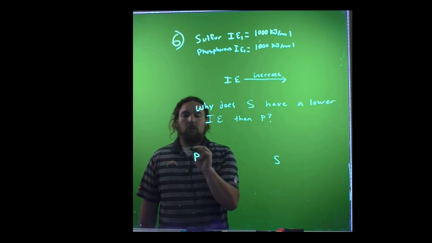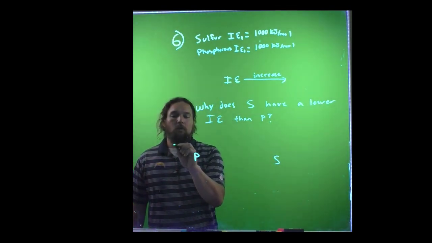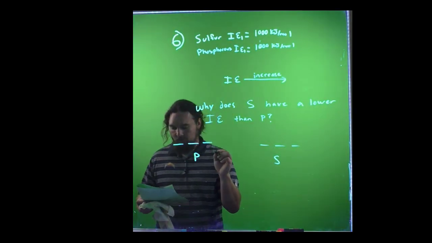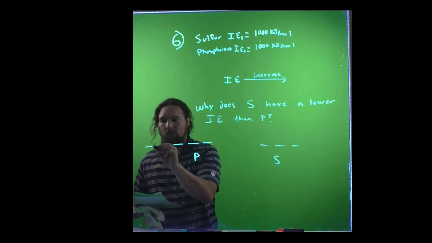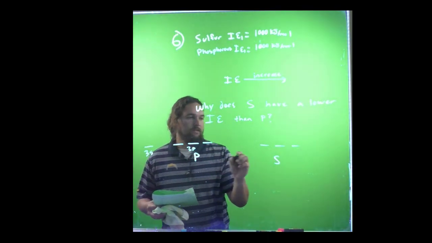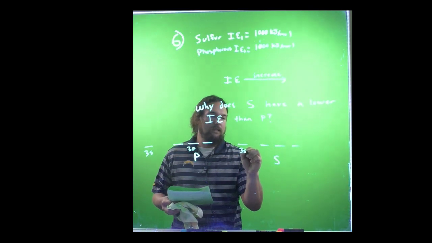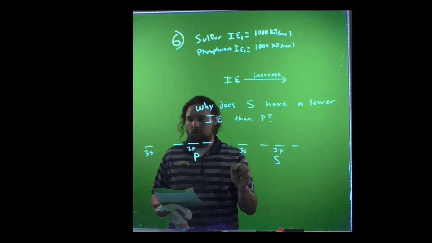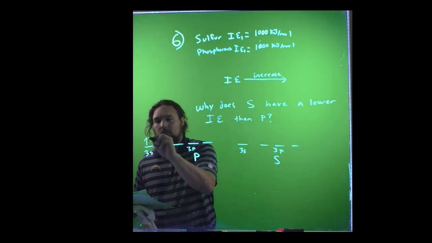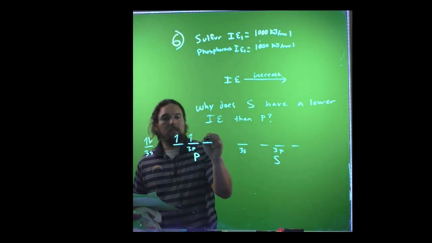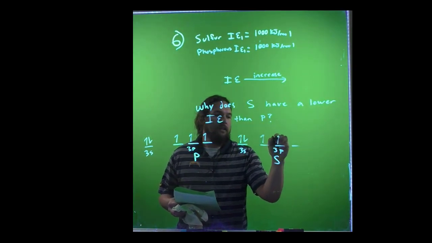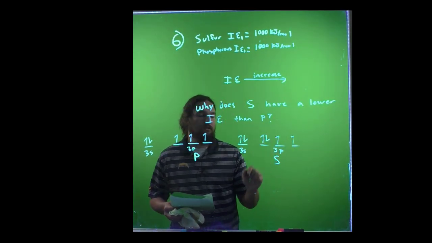If we draw the orbital diagram for phosphorus and for sulfur, this is 3s, this is 3p for phosphorus, this is 3s, and this is 3p for sulfur. This is the electron configuration for phosphorus, and this is the electron configuration for sulfur.